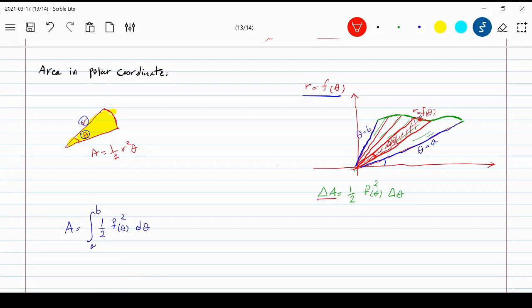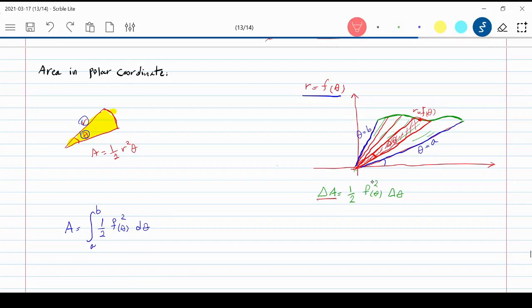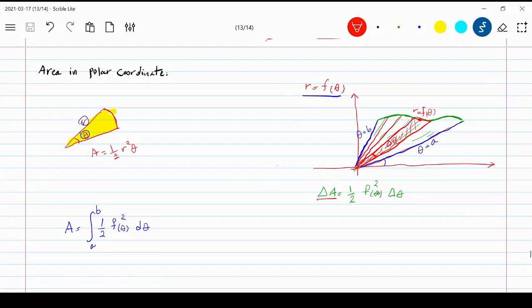So we say approximately it would be 1/2 times f of theta squared times delta theta. This is for this specific section. Normally you should say theta i corresponds to the ith section. And if we sum up all those sections, then together what you have is a good approximation of the area.